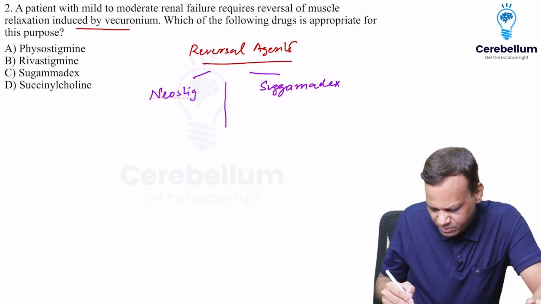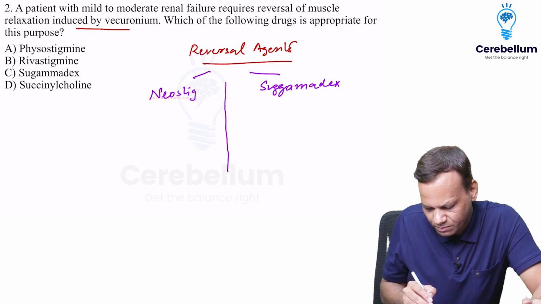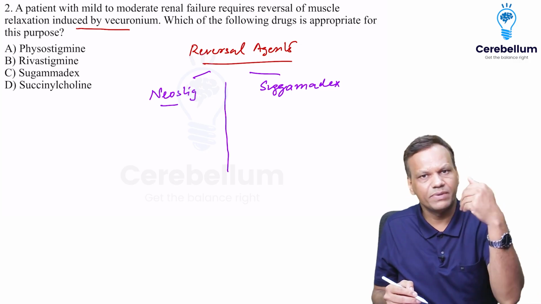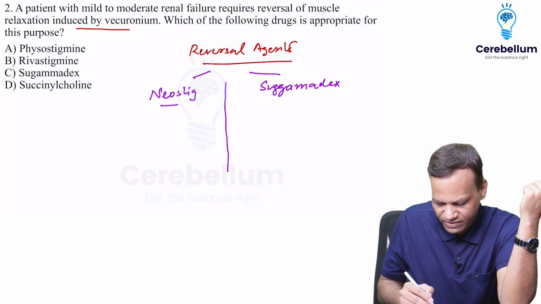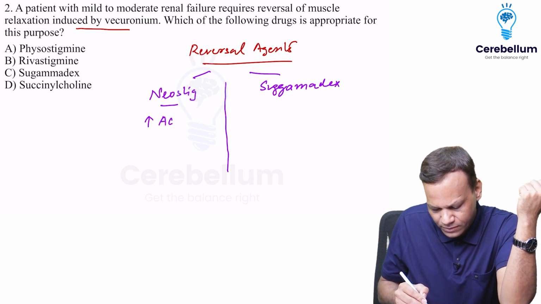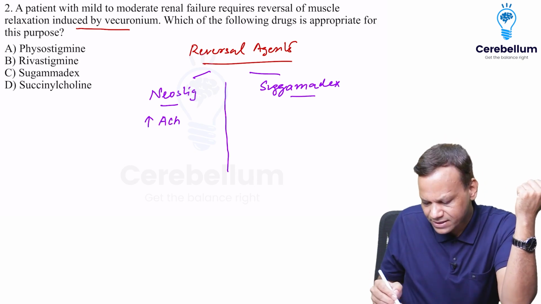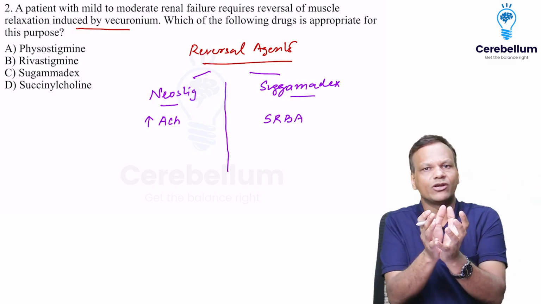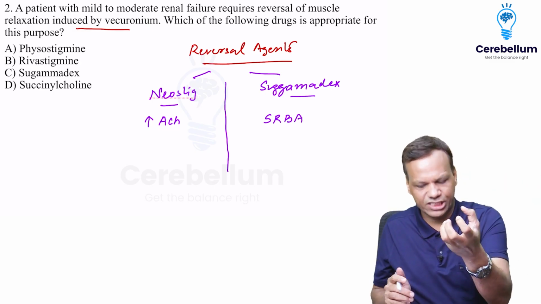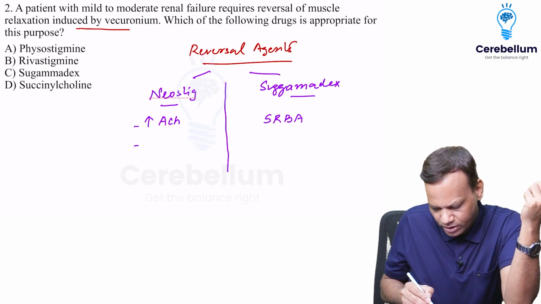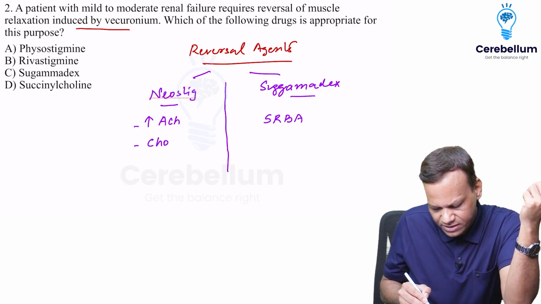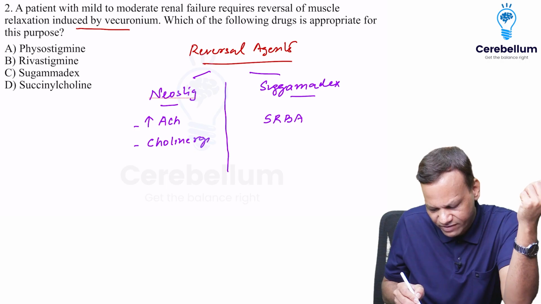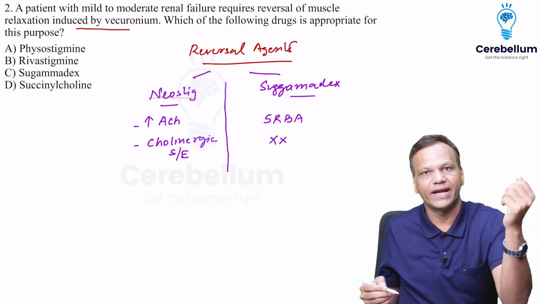The basic difference between the two to remember, neostigmine is a cholinergic drug. It inhibits acetylcholinesterase, so that will act by increasing acetylcholine. Whereas sugammadex is a selective relaxant binding agent. It will selectively bind to muscle relaxant and stop their action. By increasing acetylcholine, neostigmine will cause cholinergic side effects, whereas these side effects are absent in sugammadex.